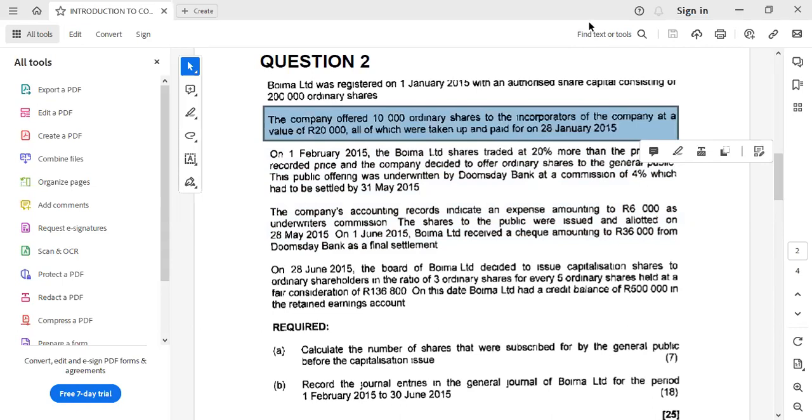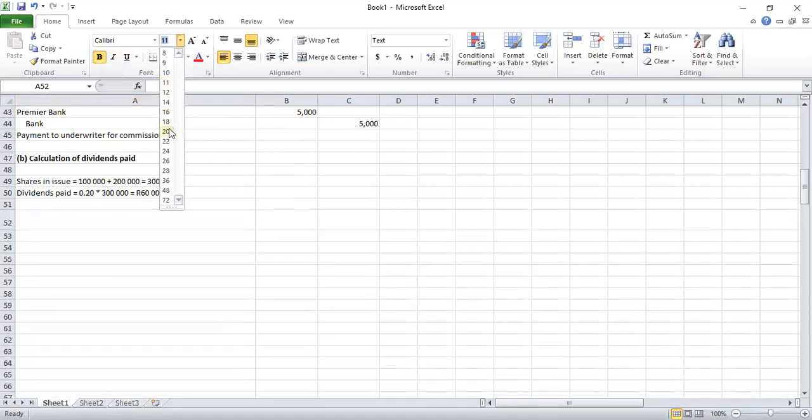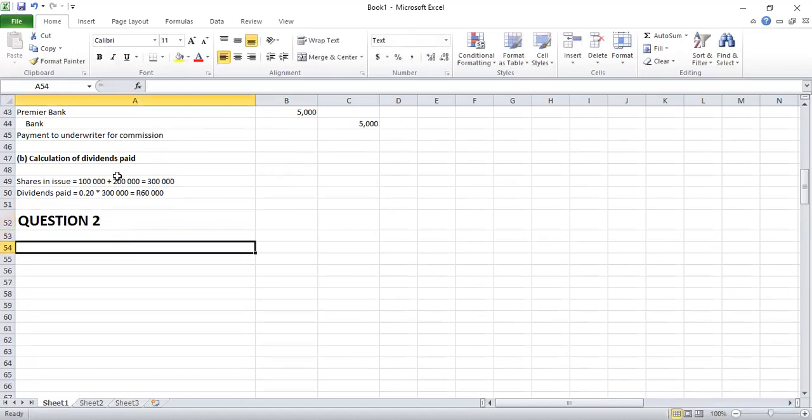Okay, so we can say question 2. Calculation of shares issued to the public.